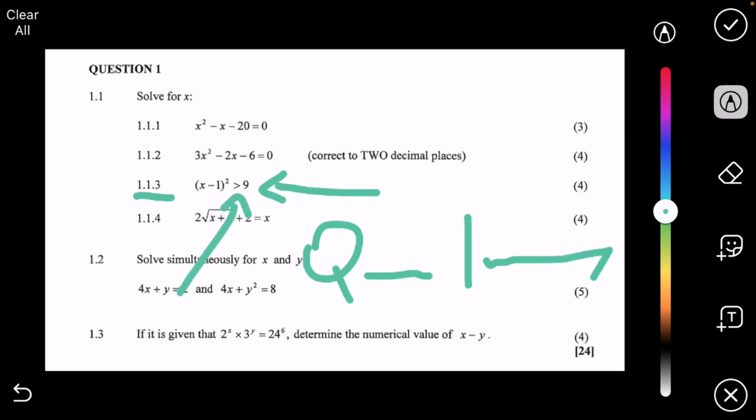Remember, guys, we've got greater than or equal to, we've got less than or equal to. So ladies and gentlemen, it's very, very much important that at all times you take into consideration the original sign given on the equation.